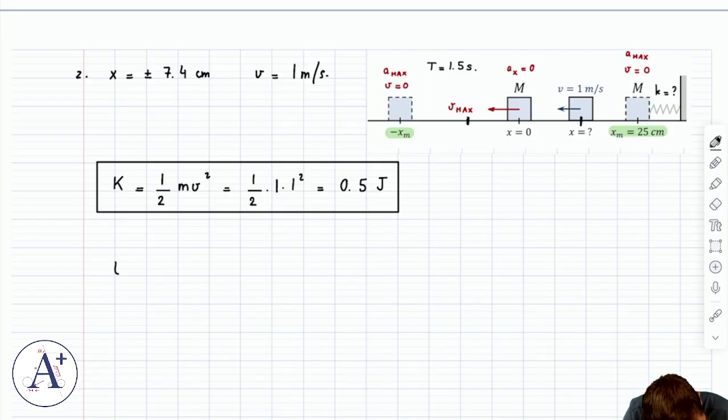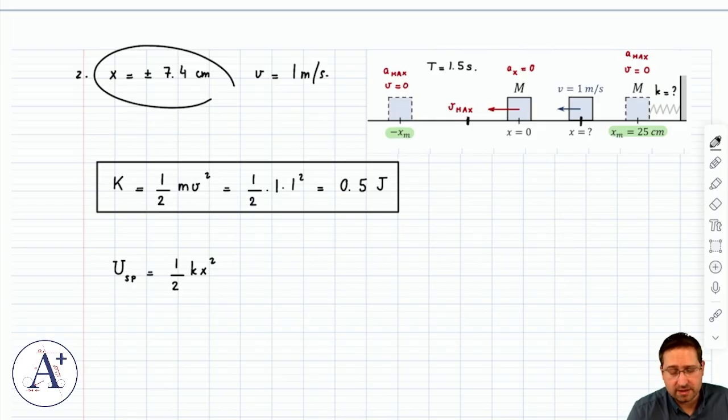What is the elastic potential energy U spring? Well, that's going to be 1/2 kx squared. And we know what x is, right?